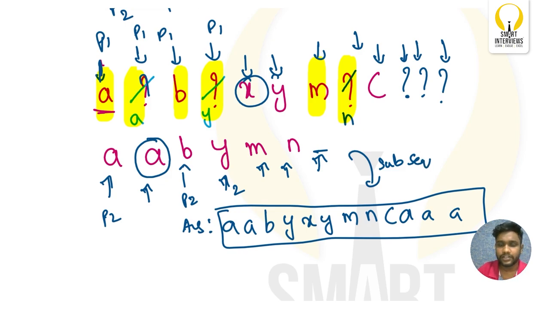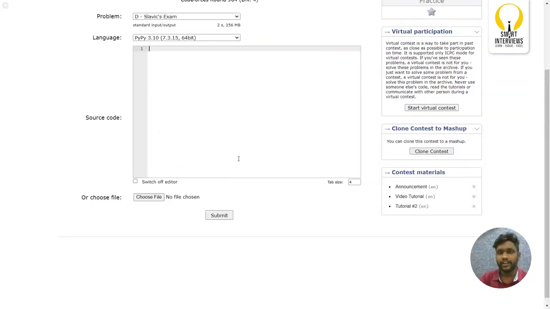Let's implement this logic in code and let's see how it goes. So let's continue with the code for this question. So first we are given t test cases, and we just run a loop for t test cases. So int of input. Next we are given two strings, s and t.